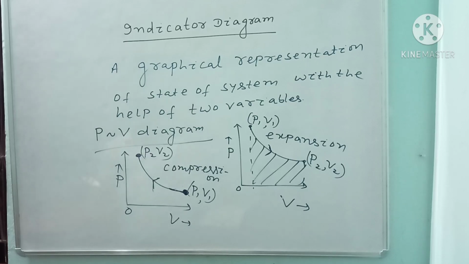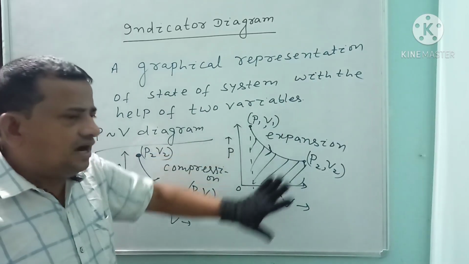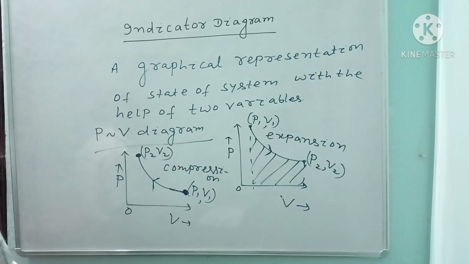That means this graph gives you work done. This work done may be positive or may be negative. If work is done by the system, we know positive. If work is done on this system, we know negative.